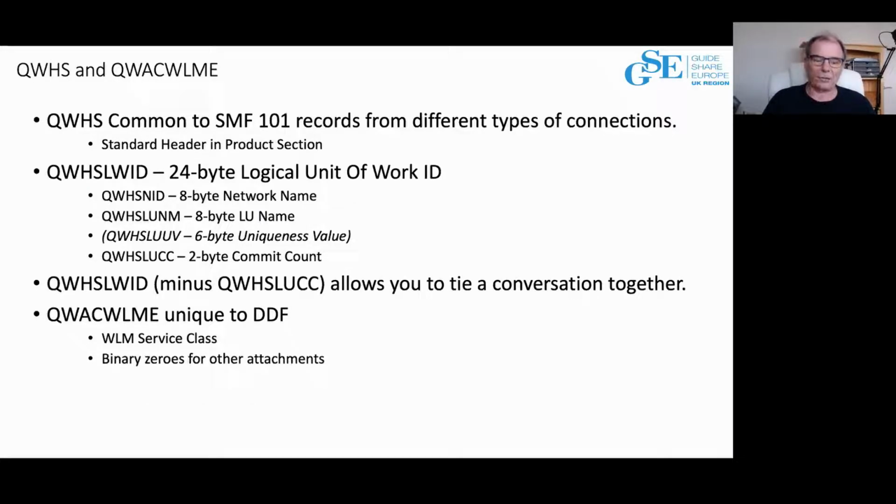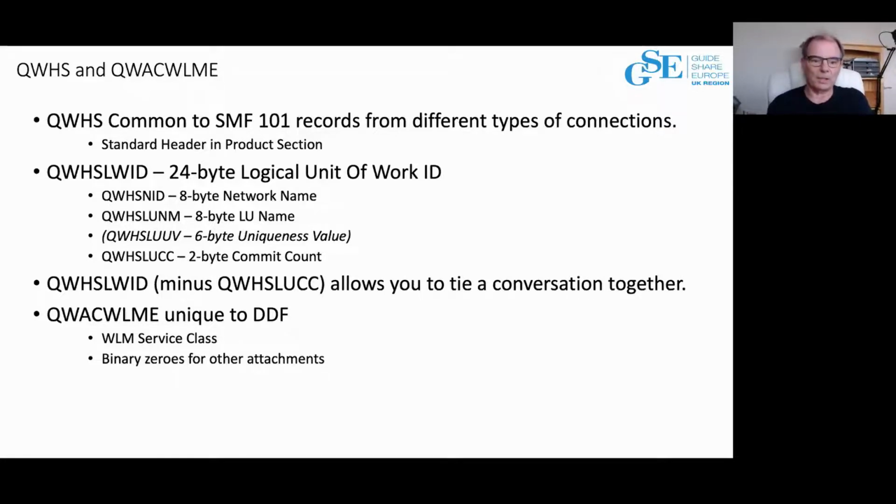I should say that actually, in the standard header of the record, there's a load of other stuff which is useful for DDF, but it's actually frankly useful for things like CICS and IMS and batch as well. But it's an additional set of identifiers that you might find useful.